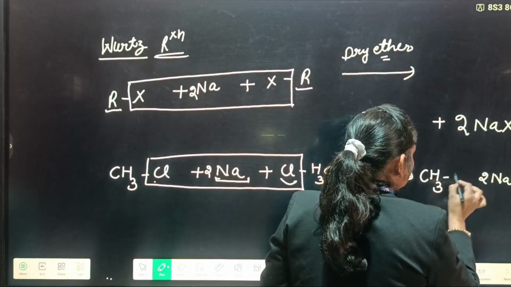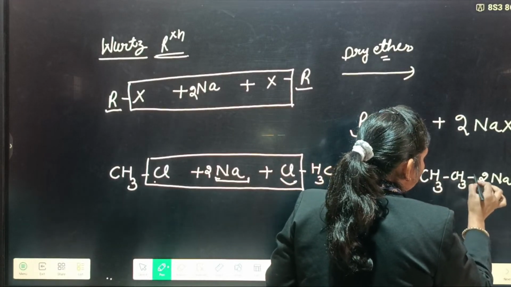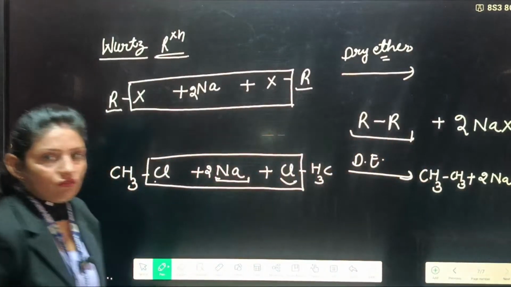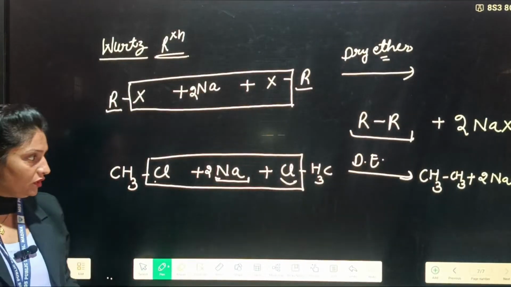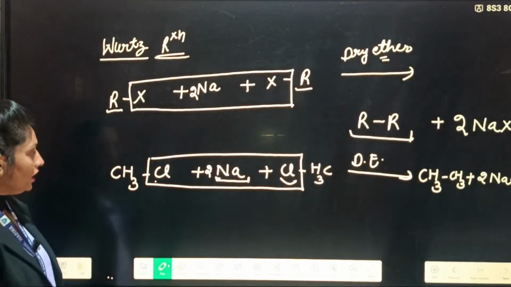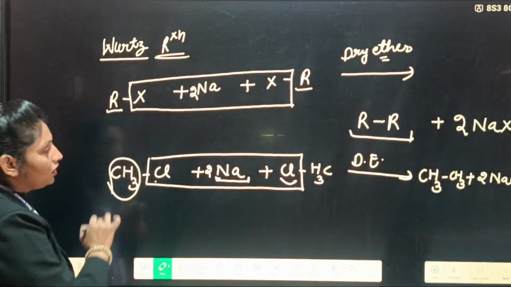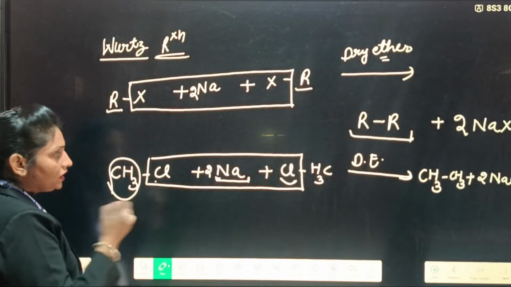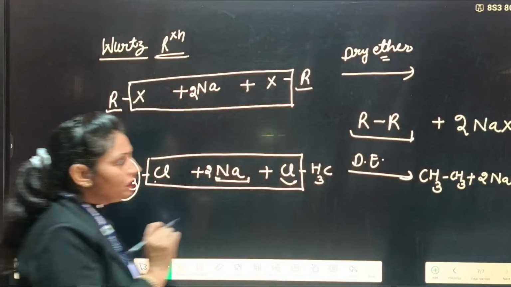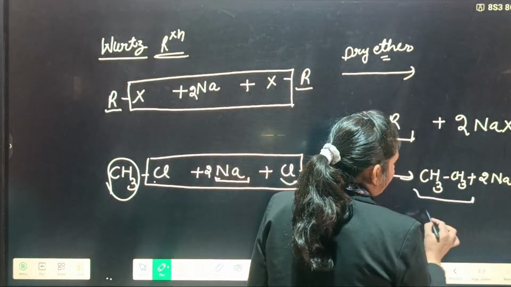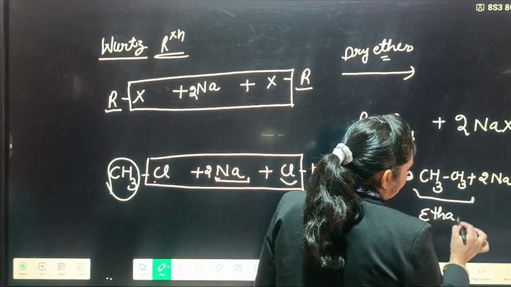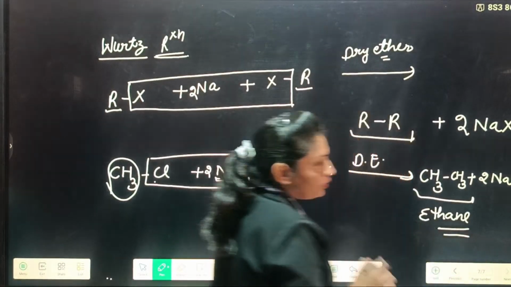Here we need not see the mechanism because it is simple. It is very simple to write this one. Here, students, you are having methyl chloride only, but you are getting ethane.